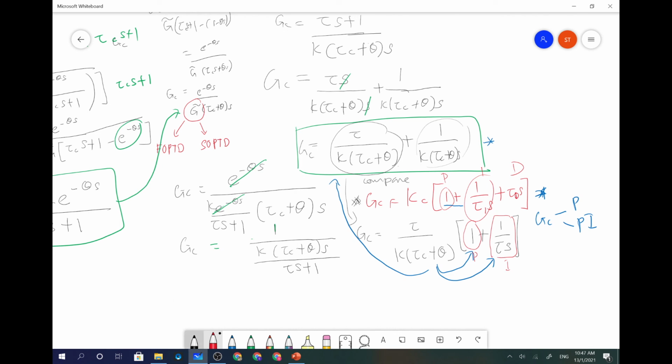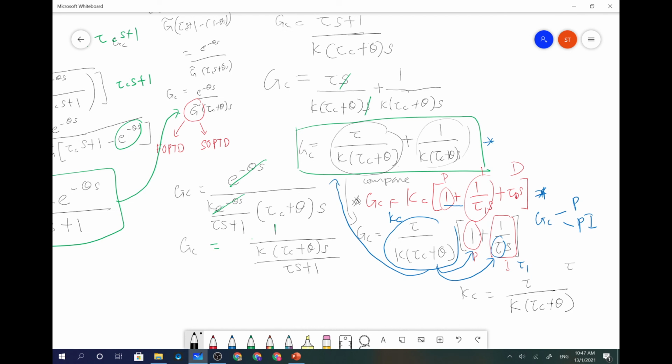Do you know how to calculate KC? This is equal to KC. This would be equal to tau I. So you will get KC equal to tau over K tau C plus theta.